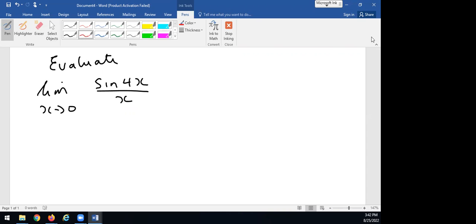Now, based on definition, this is what we know, right? We know that the limit as x approaches 0 of sine x upon x is equal to 1, right? But we have sine 4x. So it means that we need to have a 4x in the denominator as well.